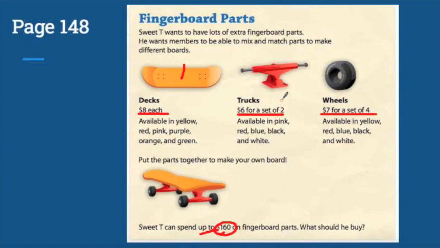Look, they've got 1 truck there and 1 truck there, so it looks like just 2. And then how many wheels do you need? 1, 2, 3, 4. So that helps guide you through. We only need 1 deck, 2 trucks, which they're selling as a package for $6, and 4 wheels, which they're selling for $7.